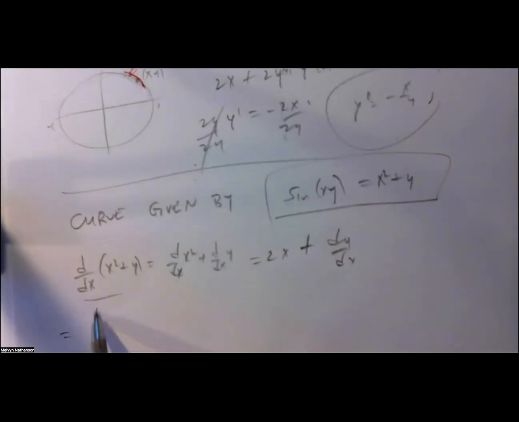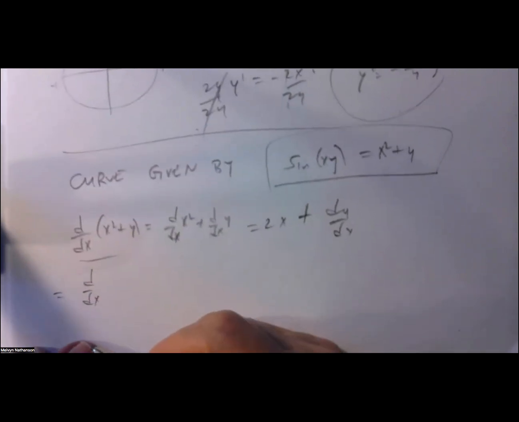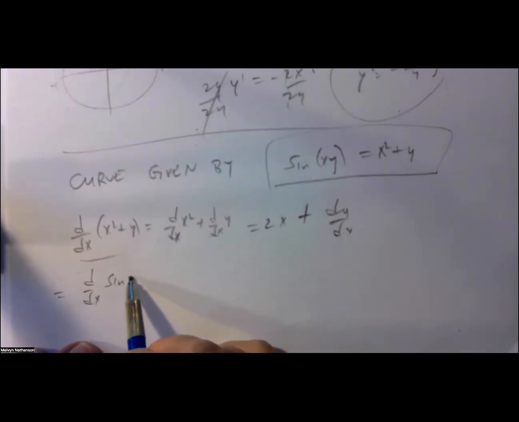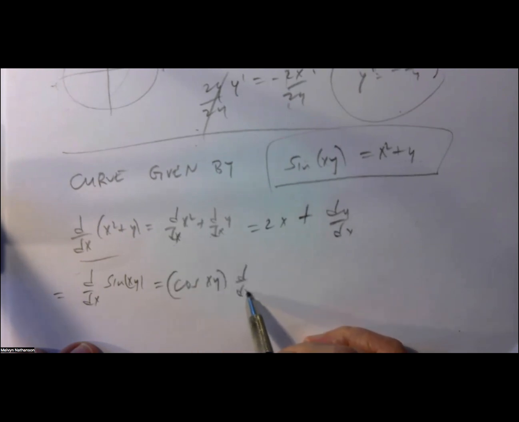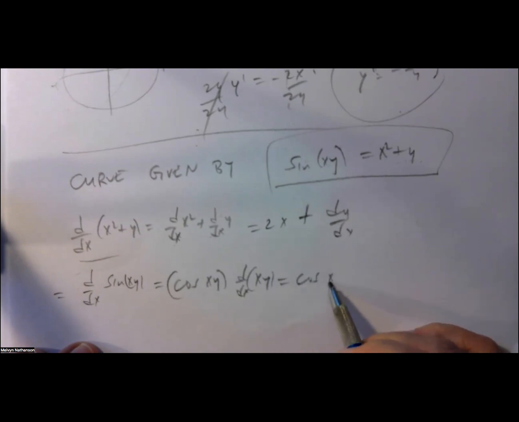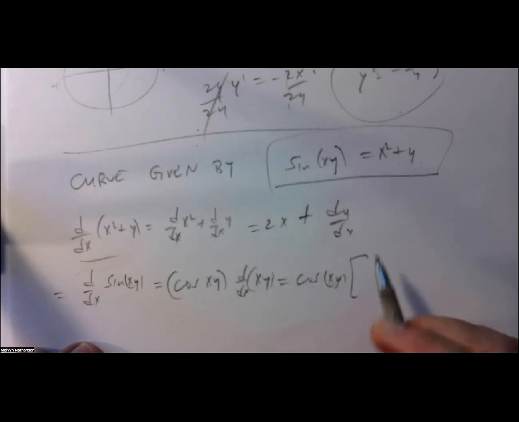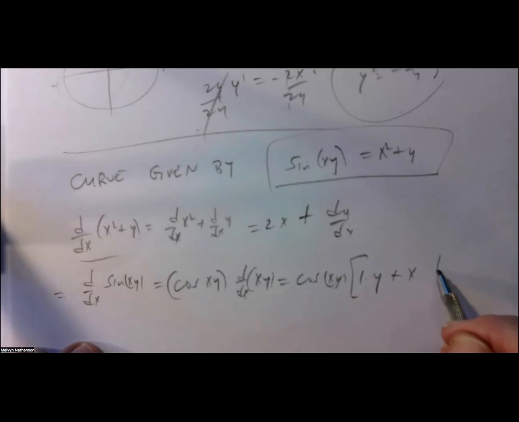But this is the same as the derivative with respect to x of the sine of xy. And by the chain rule, that's the cosine of xy times the derivative with respect to x of xy. So that's the cosine of xy. The derivative with respect to x of xy by the product rule is the derivative of x, which is 1, times y plus x times dy dx, the unknown.